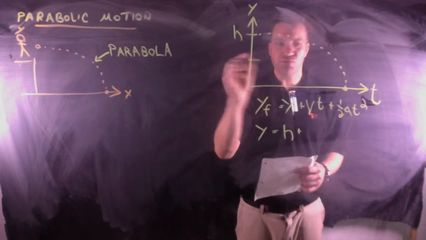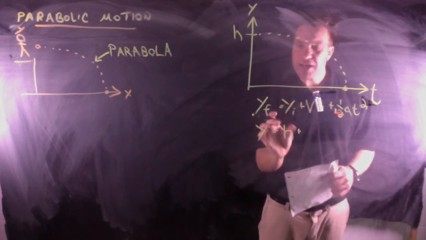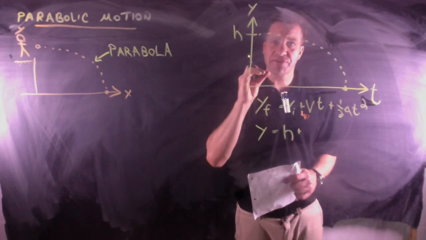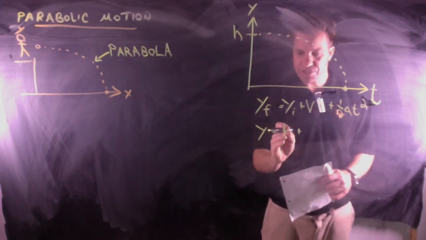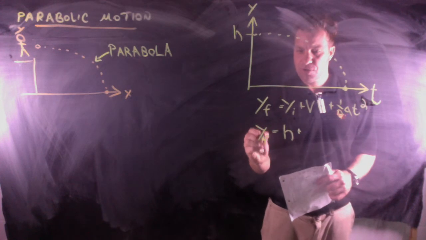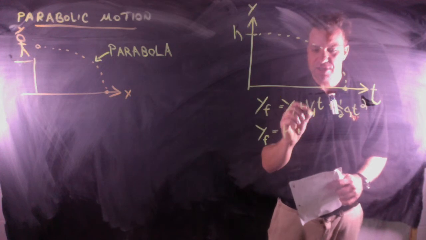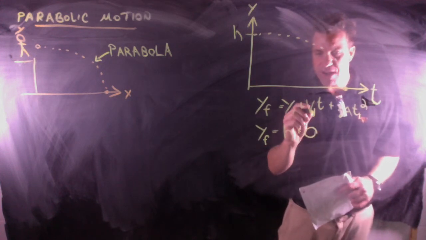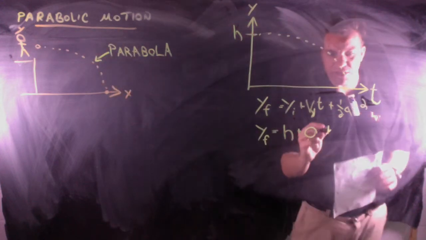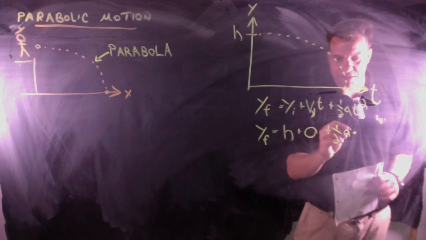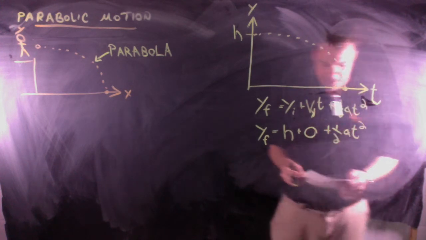So how does the function y change as a function of time? Now y initial is h, vy initial is 0, the velocity before you threw it. So we can rewrite this equation as this.